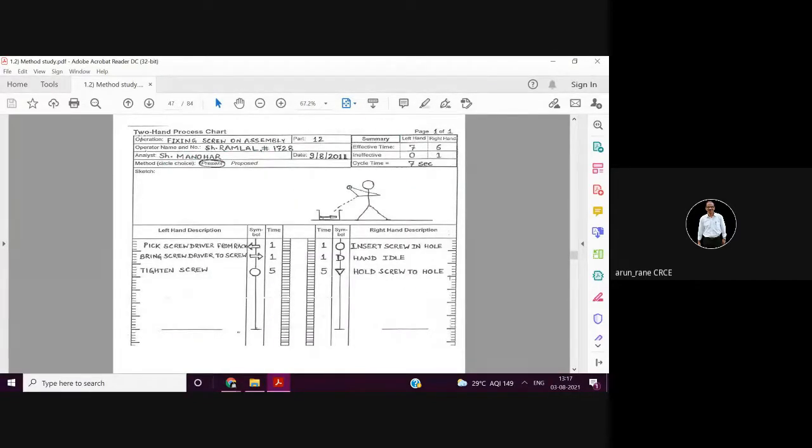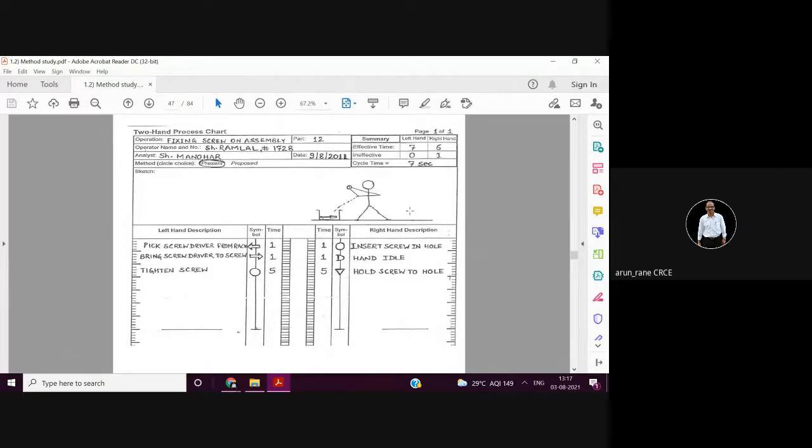Like here, say a two-handed process chart is given for fixing a screw on the assembly. So it's like this: operator name, analyst means engineer. Then what is the present method?